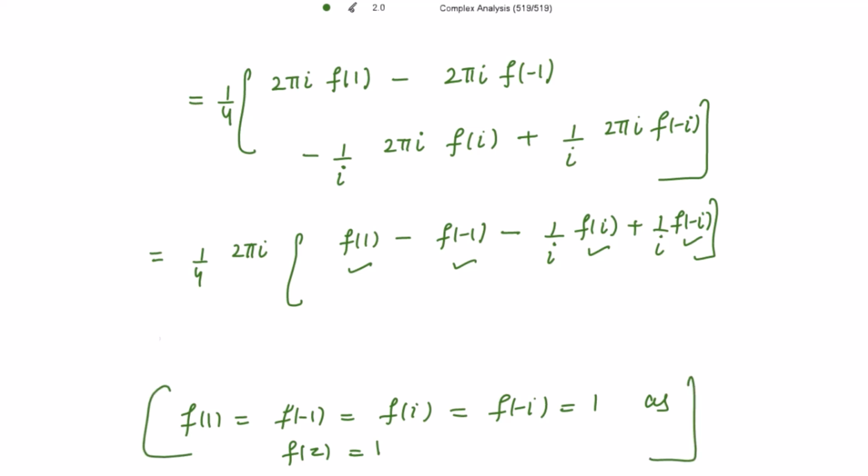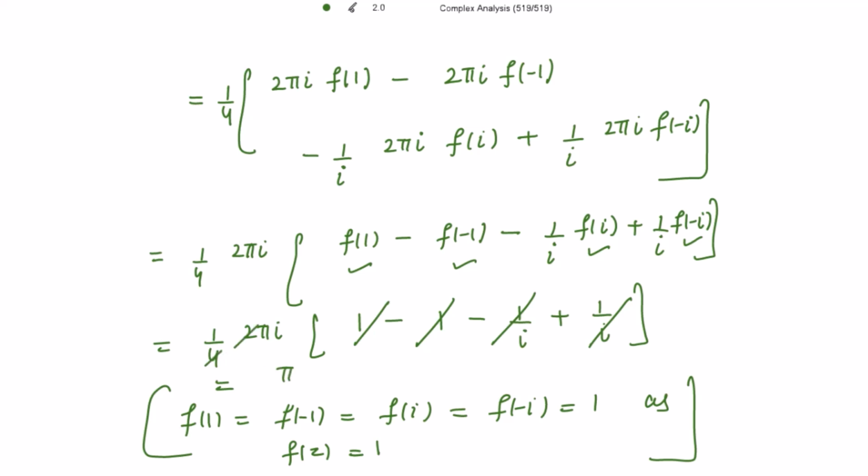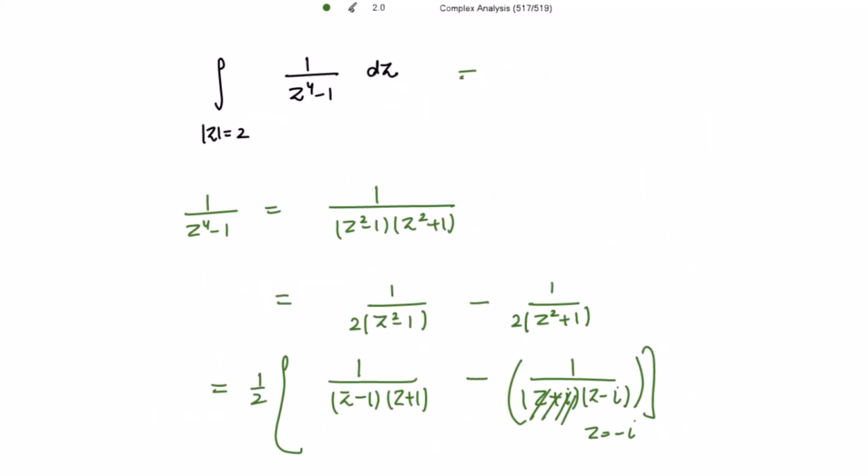This is the reason for this. So this is equal to 1 divided by 4, 2πι, into all these values equal to 1: minus 1 by ι plus 1 by ι. So this cancels out with this, and we get πι divided by 2 into 0. So that is equal to 0. Again we get the answer for this given integral to be equal to 0 as in the previous example. Alright, thank you. Stay blessed.